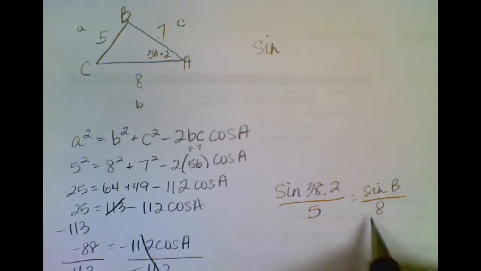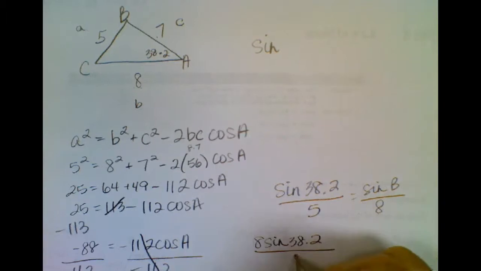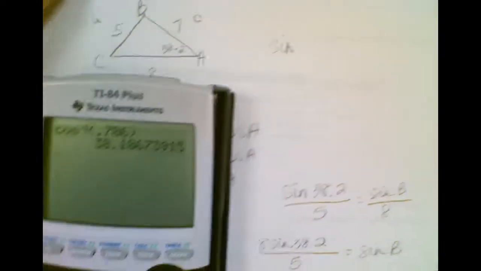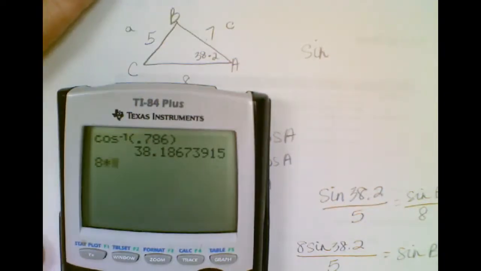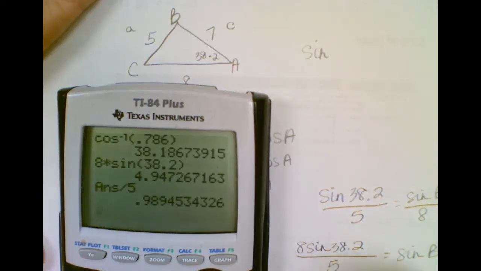When you rewrite that, you're going to have 8 times the sine of 38.2 divided by 5 equals your sine B. That gives you 0.989 equals the sine of B.